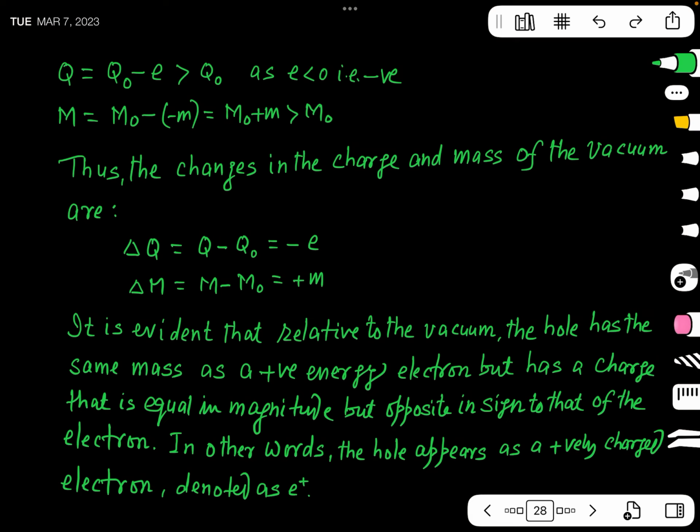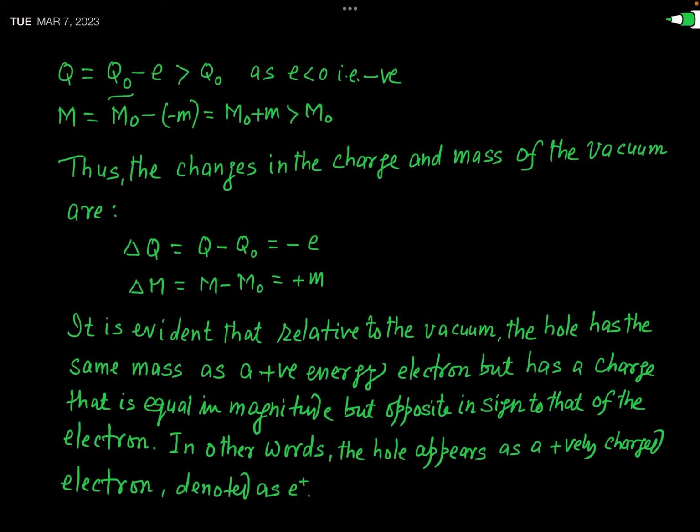The initial charge of the vacuum was Q₀, and now one of the electrons has been transferred to the positive energy state. So the total charge after creation of the hole is Q, and Q will be equal to Q₀ minus e.